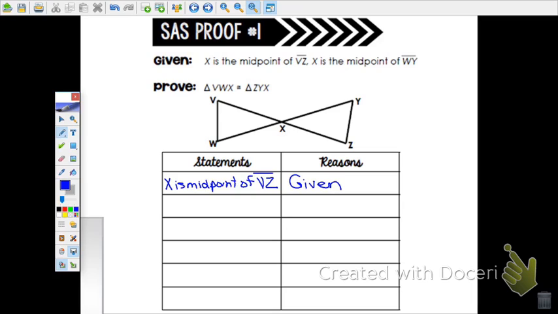So how does that given statement help us in our idea of proof? If X is the midpoint of segment VZ, what do we know to be true?